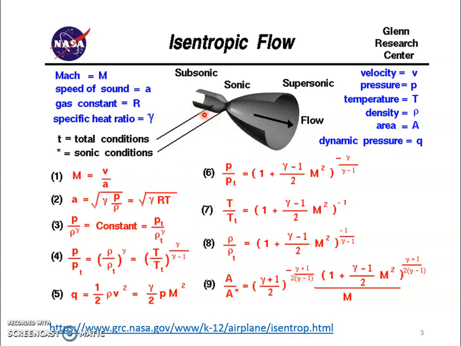In this topic we are going to see why we design it like this: a converging section, then a throat area, and then the diverging section. We are going to accelerate the flow from subsonic to supersonic flow. That is why we have to know how to get the equations related to this design.